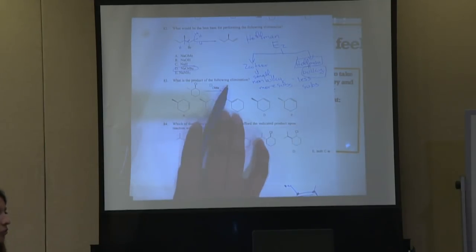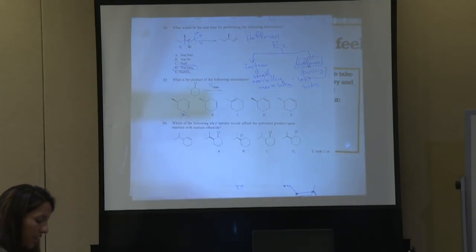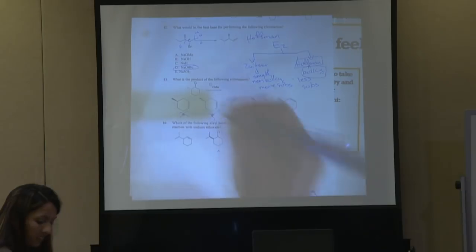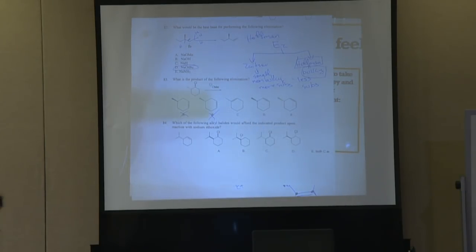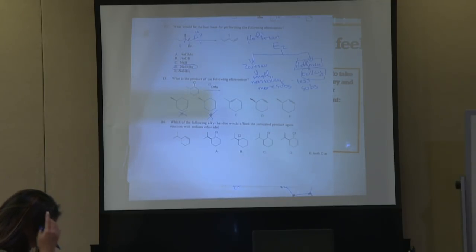So what is the product of the following elimination? It's not A. Why is it not A? Okay, cool. It's not B. Why? Same reason. Too many carbons away. Cool. So we have C, D, or E. Which one is it going to be, guys? What do we know in a chair conformation about the leaving group and the hydrogens?